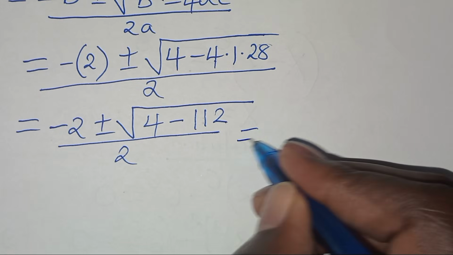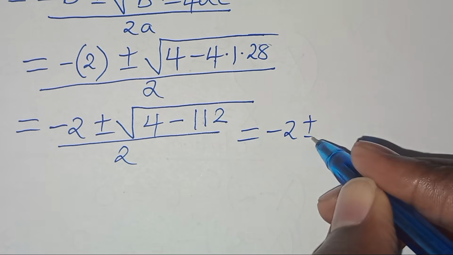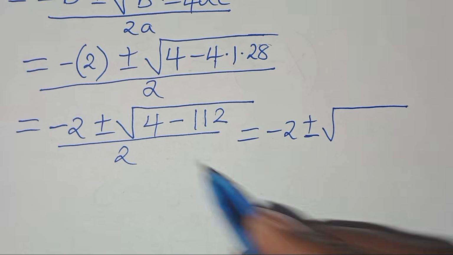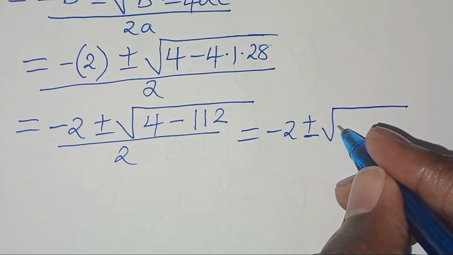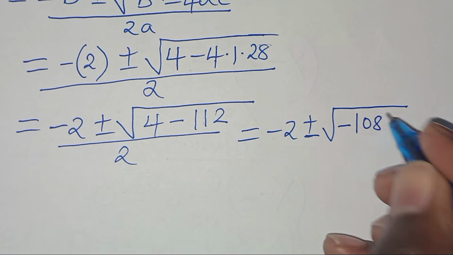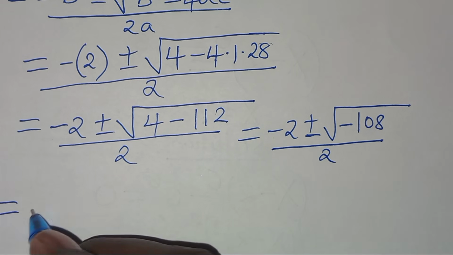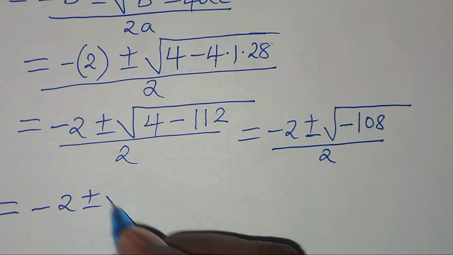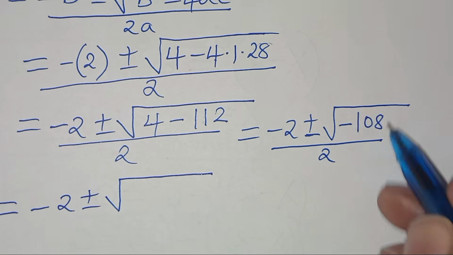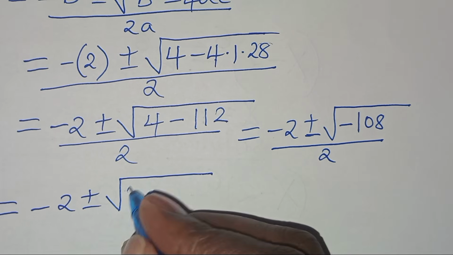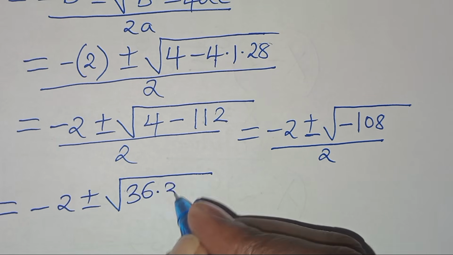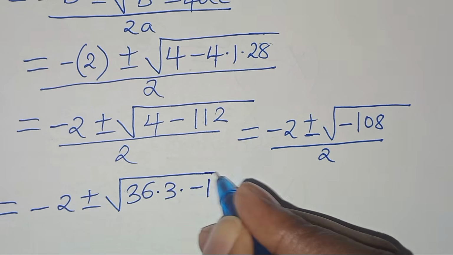So here we'll have negative 2 plus or minus the square root of (4 - 112), this is minus 108, divided by 2. We can express minus 108 as 36 times 3 times minus 1.